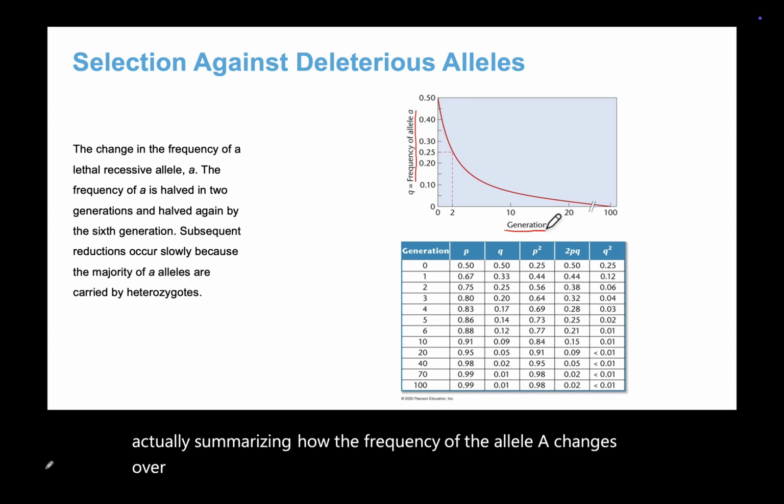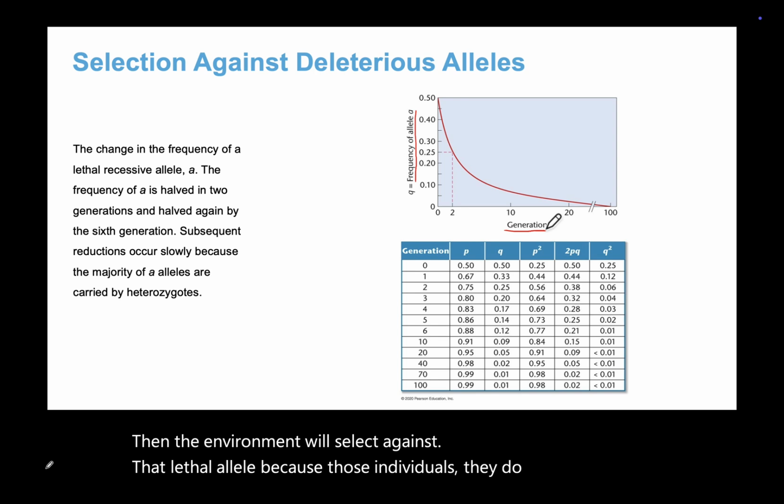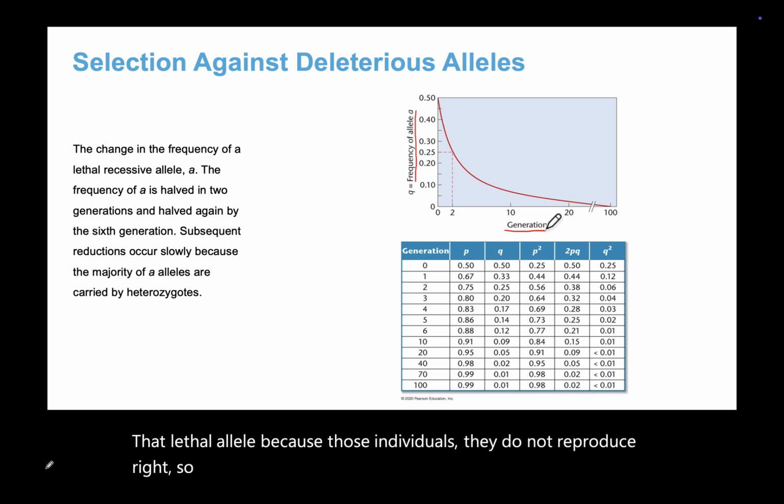If this allele A is a lethal allele, then the environment will select against that lethal allele, because those individuals, they do not reproduce, right? So that trait is not giving them any reproductive success.